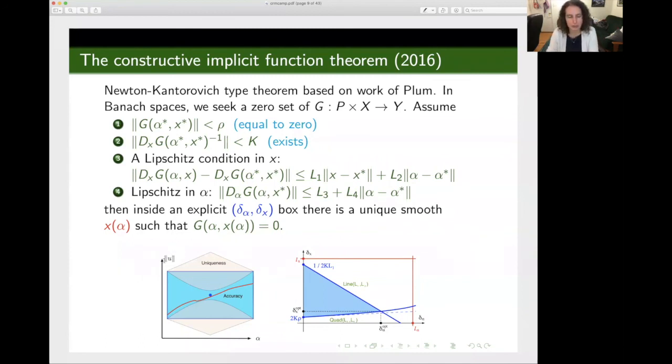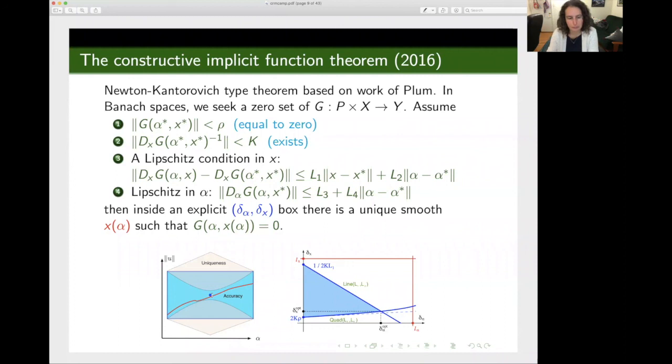So in one dimension, it would look like this, but in higher dimensions, this is a schematic. But this is showing that the uniqueness and the accuracy region are actually not boxes at all, but rather shapes that are bounded below by a quadratic curve and above by sort of this diamond shape.